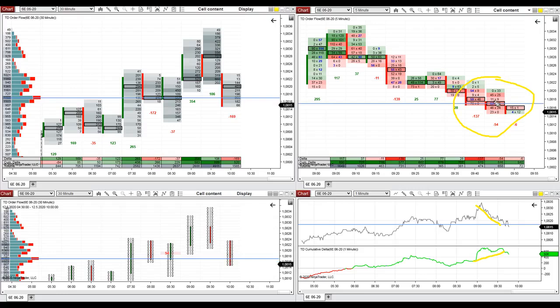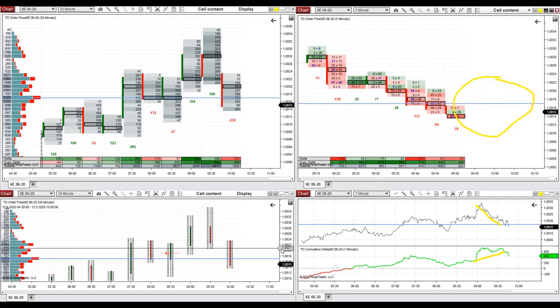Currently there are more sellers, delta is negative. No sign of buyers yet.